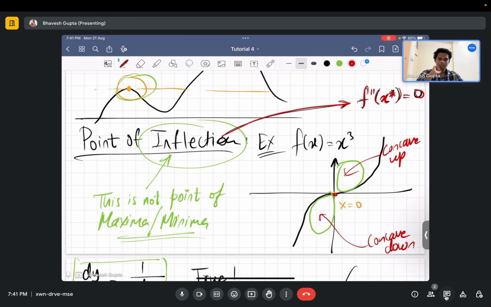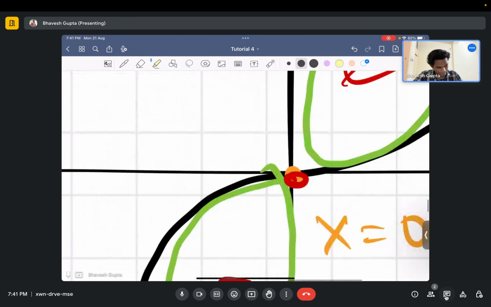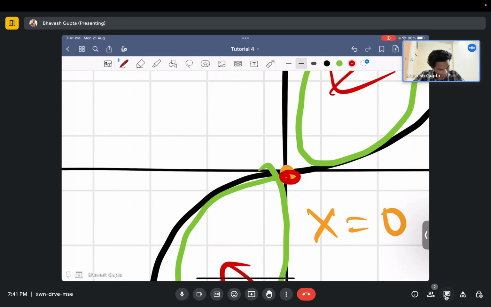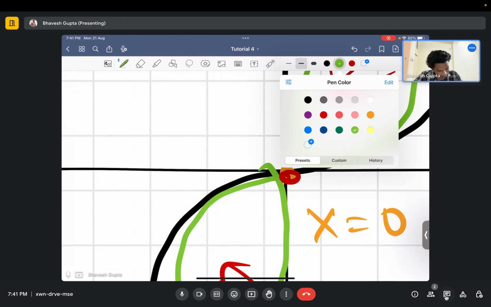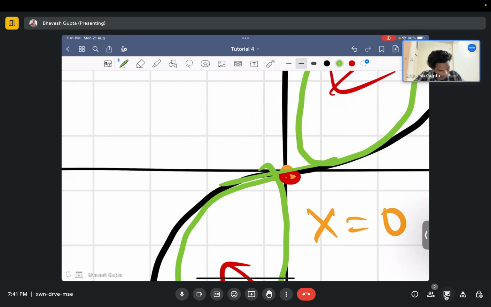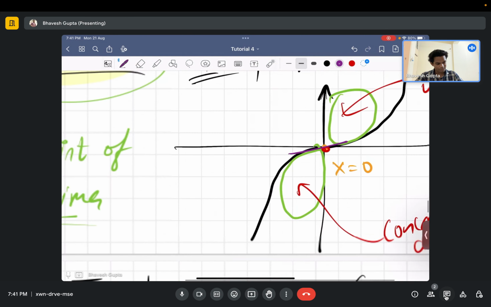So yeah, this is that point of inflection. And why is the double derivative 0? Because the first derivative turns out to be a constant. That means it has a single line. It's like a linear behavior. And if you see very carefully, that's a linear behavior.